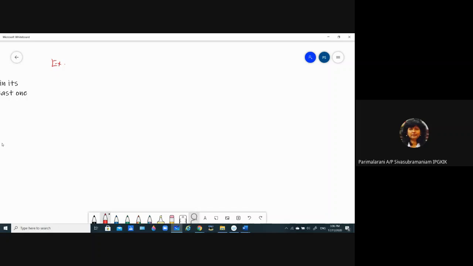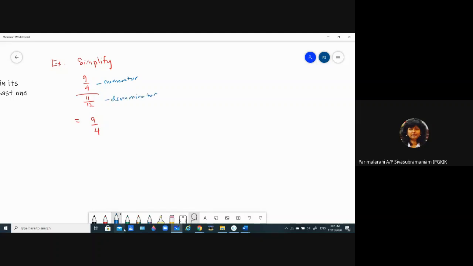Say you want to simplify this: 9 over 4 divided by 11 over 12. To simplify this, you write down the numerator. We know that this is the numerator and this is the denominator.